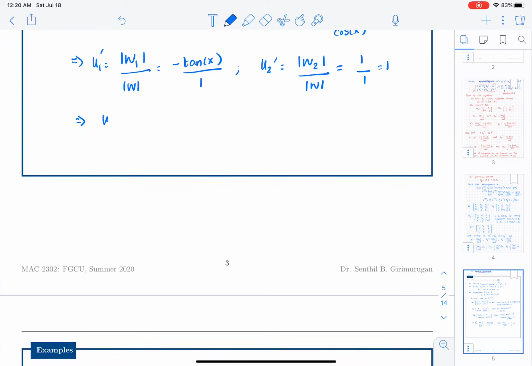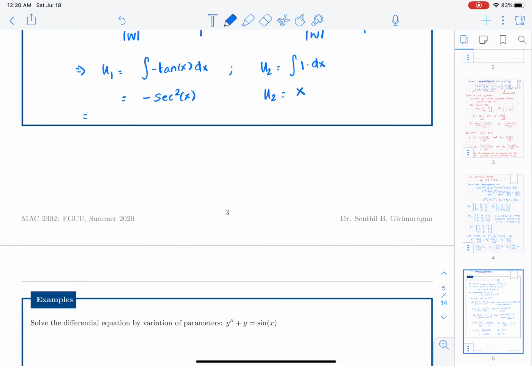This would mean u1 is integral minus tangent x dx. u2 is integral 1 dx. Integral of tangent x is secant squared x, so we have negative secant squared x, and u2 is equal to x. So the particular solution is simply u1 y1 plus u2 y2.